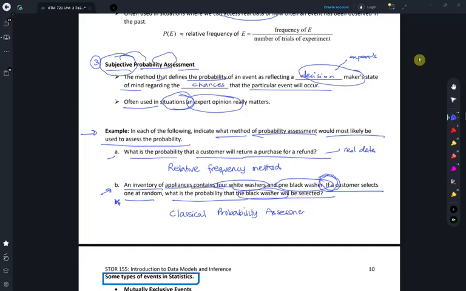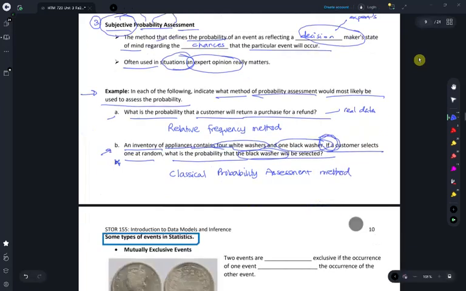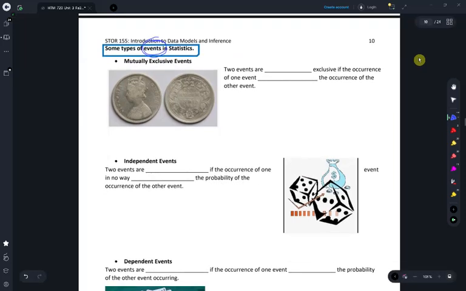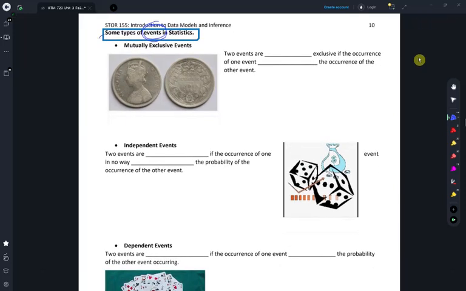All right. With that in mind, whenever we compute probabilities for events or things that happen in everyday life, this is a perfect segue to look into the different types of events for which we're going to compute probabilities in this course. The first one is mutually exclusive events.